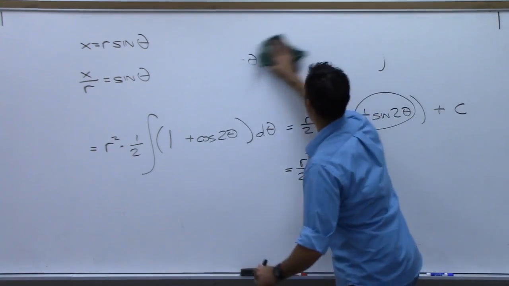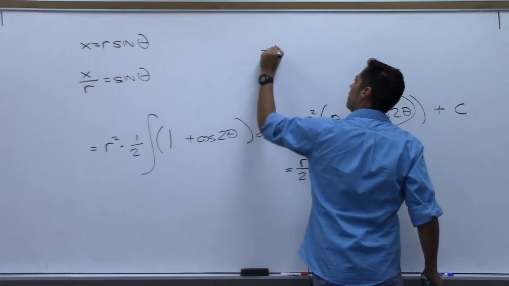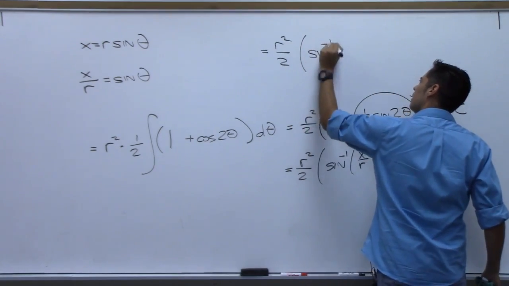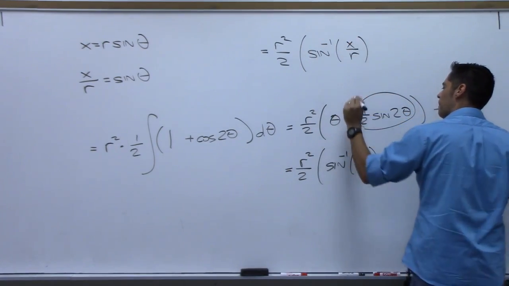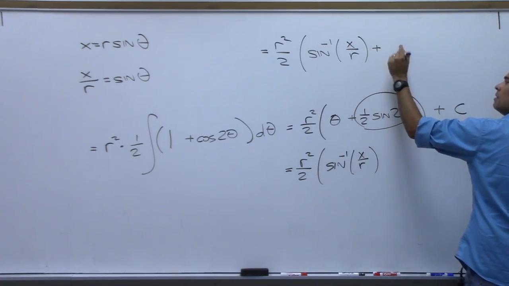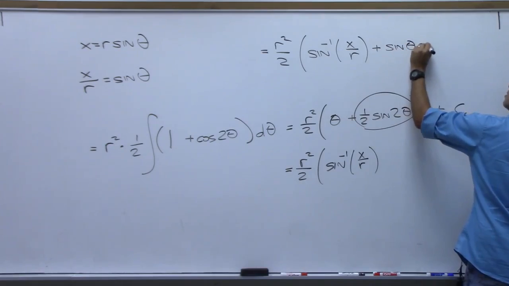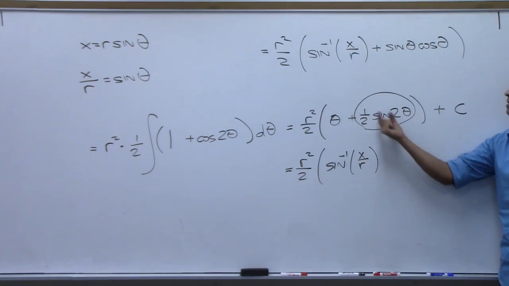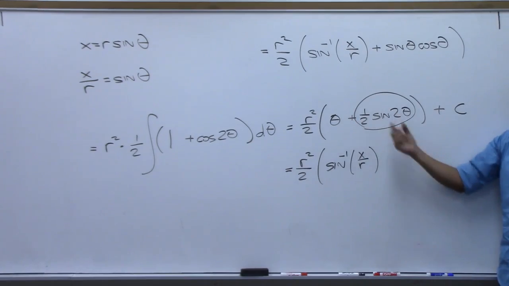I think I need a new line. R squared over 2. This was arc sine x over r plus, what is this? Sine theta cosine theta. Remember, because this turns into 2 sine theta cosine theta, but then times the half, right?